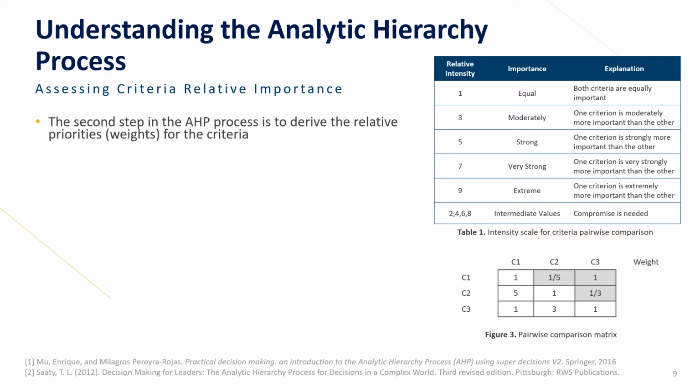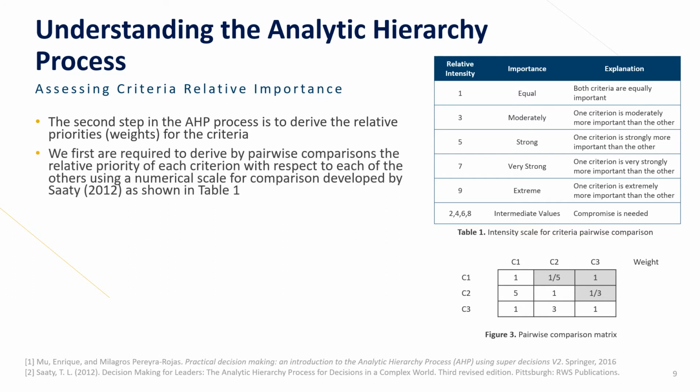So this second step in the AHP process is to derive the relative priority weight for the criteria.